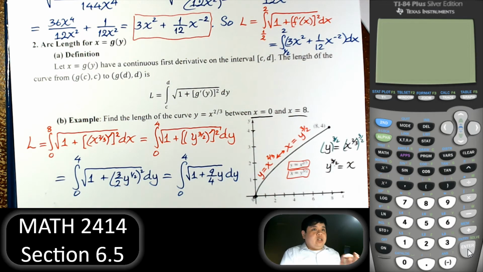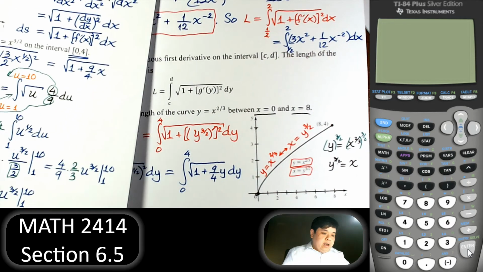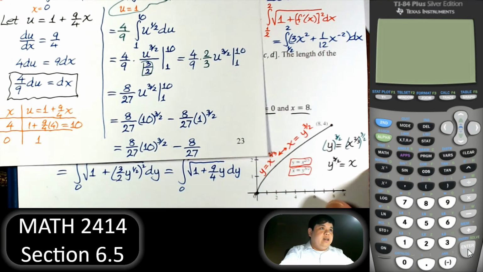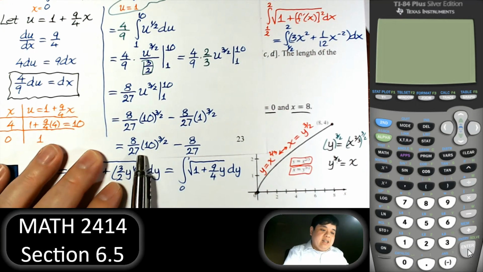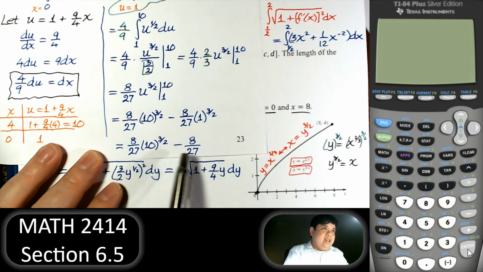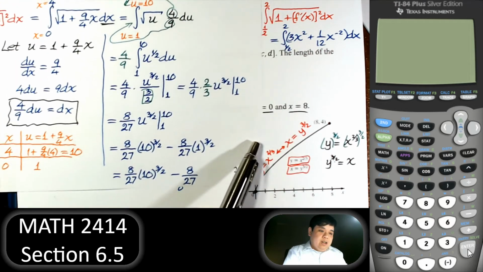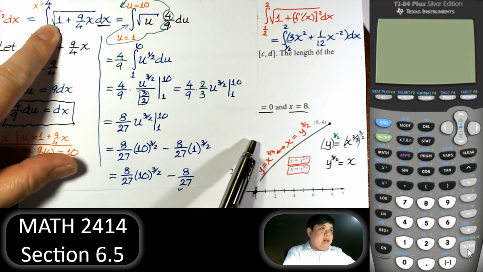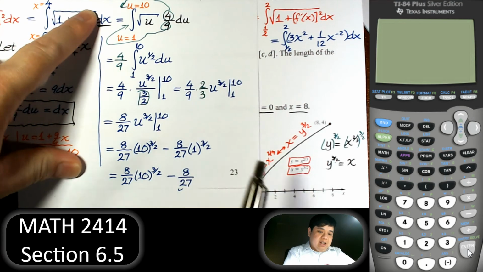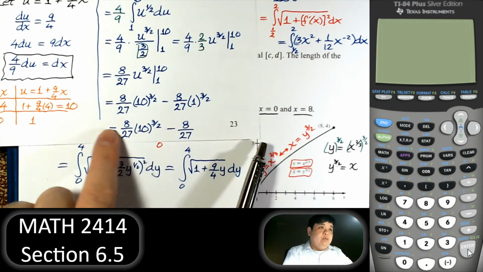The reason that in this case we change to y is because earlier we did that, right? So the integral of that one from 0 to 4 is equal to this answer.